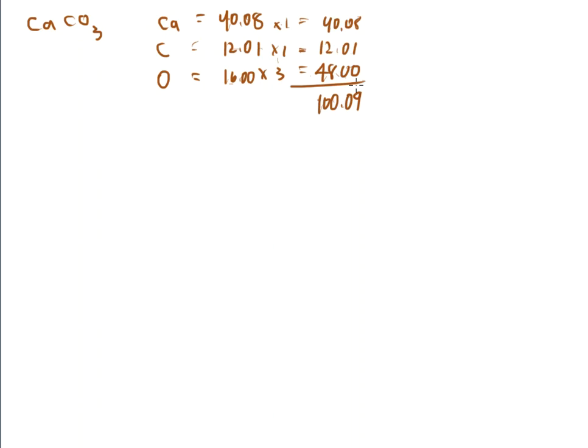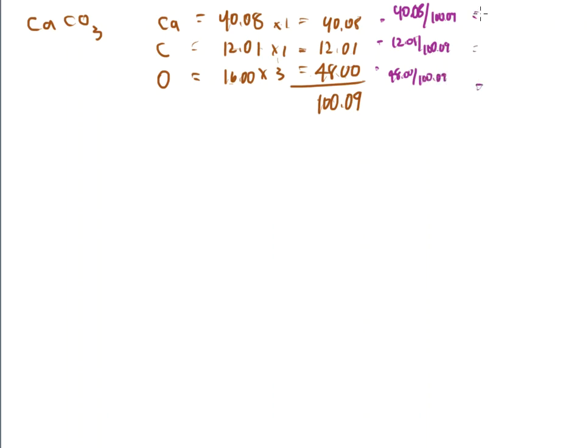So typically, the percent composition calculation would now kick in, and that's where I'm going to pick up. Just to save time, I did all of this preliminary work for you. To calculate percent composition, I would take 40.08 divided by 100.09, 12.01 divided by 100.09, and then 48 divided by 100.09.